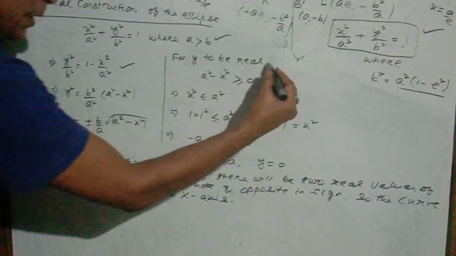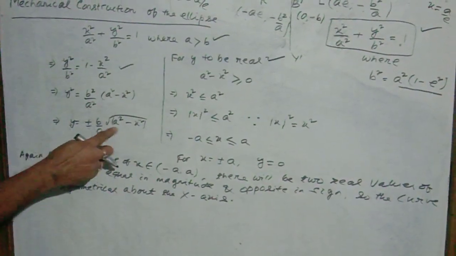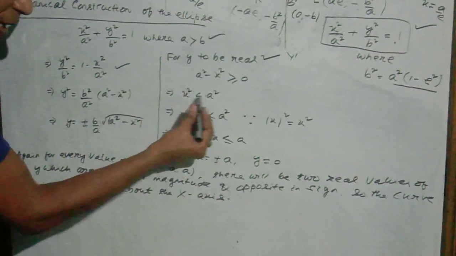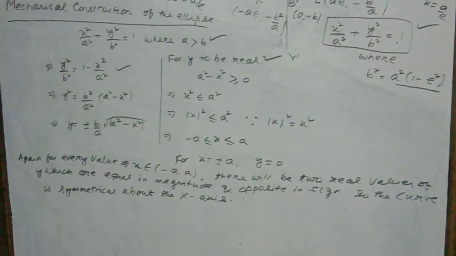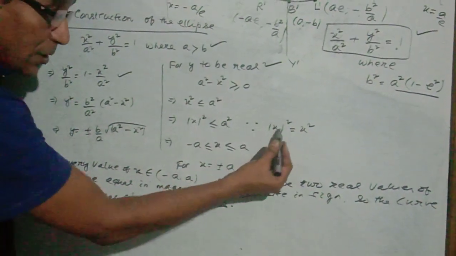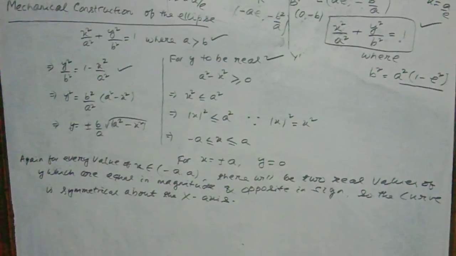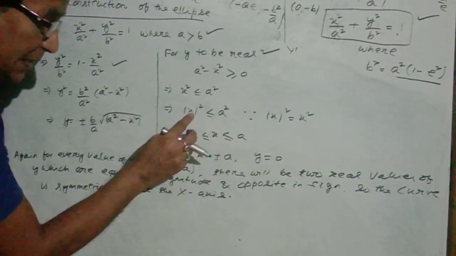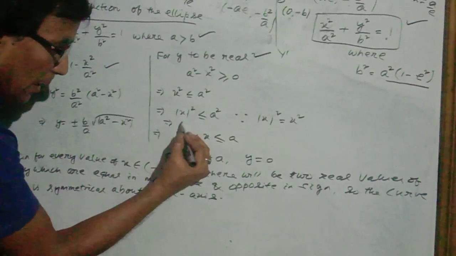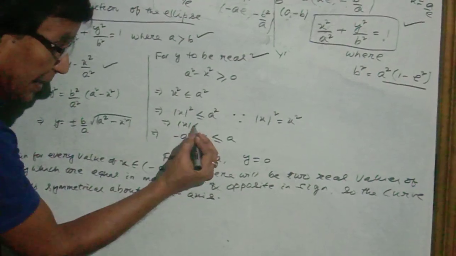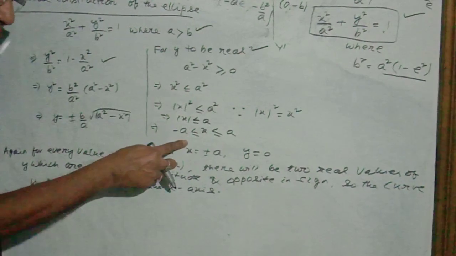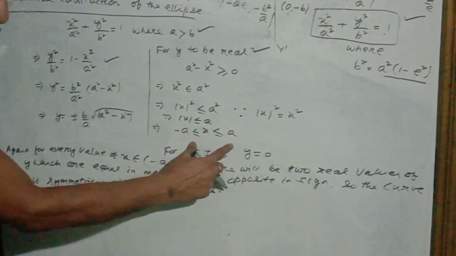That means for y to be real, the required condition is a² − x² must be greater than or equal to 0. That implies that x² is less than or equal to a², and |x|² is less than or equal to a², because |x|² is always equal to x². Since |x| is less than or equal to a, that implies that x must lie between −a and +a.